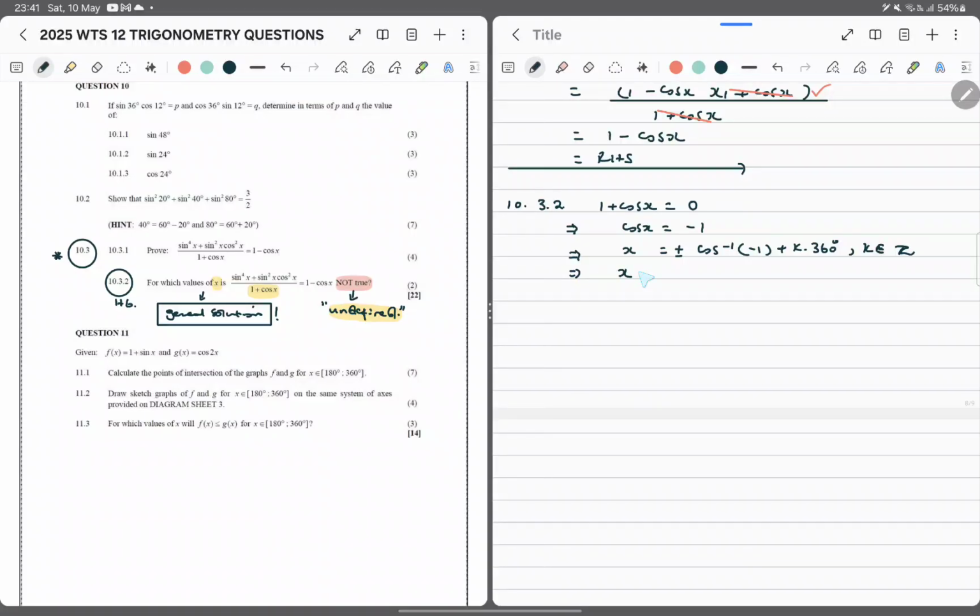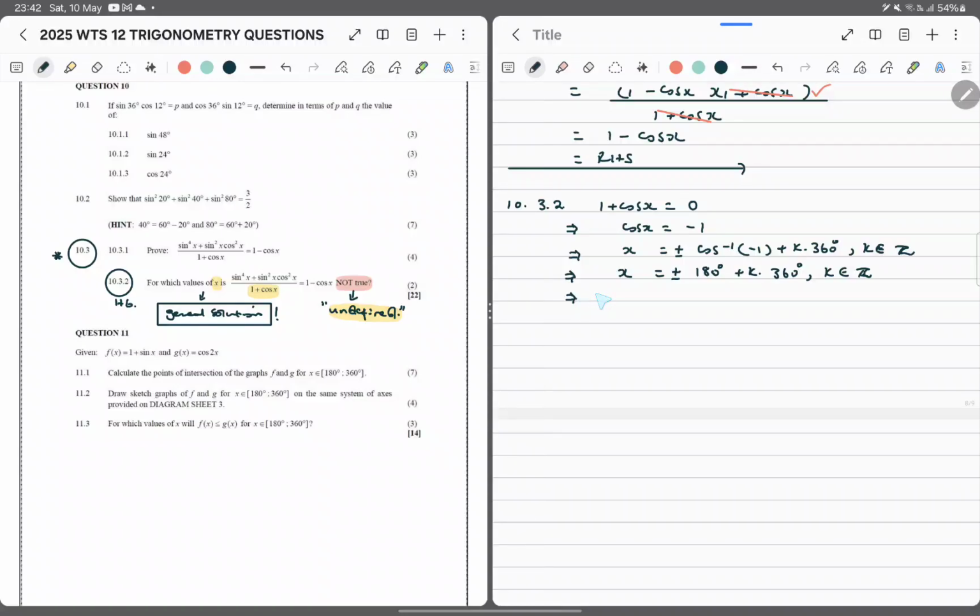Okay, this implies that x is equal to plus or minus arc cos of minus 1. That's like 180 degrees. Yay. So this is plus or minus 180 degrees plus k times 360 degrees, where k is an element of the integers, the Z's, which is my name.